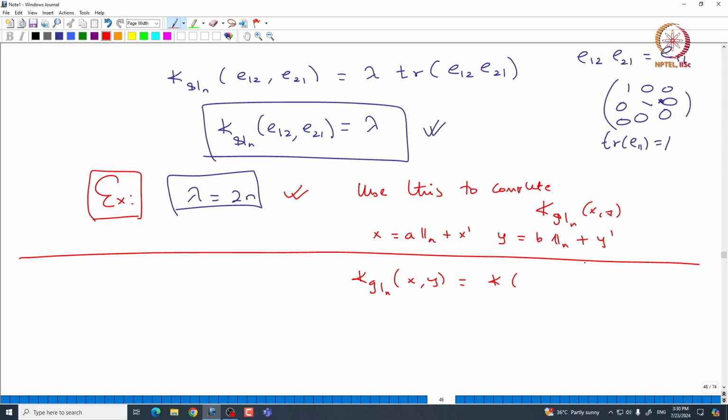Okay. AB will come out, times kappa of identity, identity, plus kappa of identity comma y dash, plus kappa of x dash, identity, plus kappa of x dash, y dash.